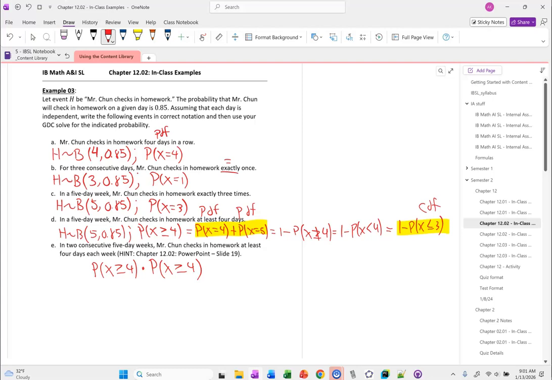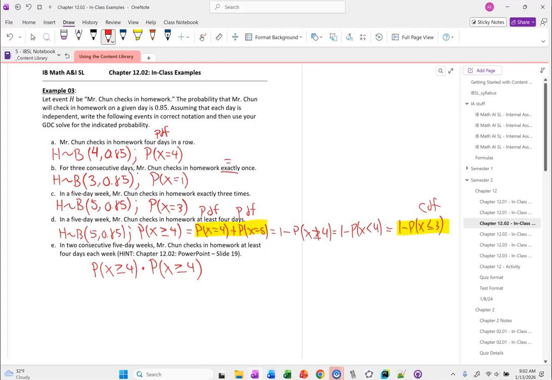So the probability of at least 4 in week 1, and the probability of at least 4 in week 2. It's not or, right? It's and, because it's in both weeks. It has to happen in both of them. So it's multiplication. It's not checks in at least 4 in the first week or the second week, in one of the 2 weeks. Does that feel okay? So you can just square your answer from above.